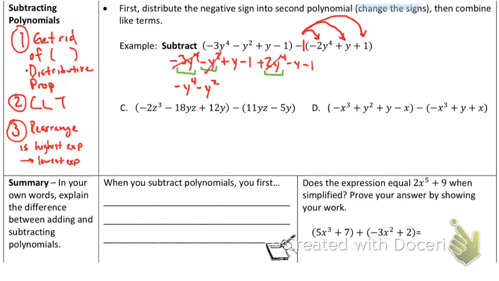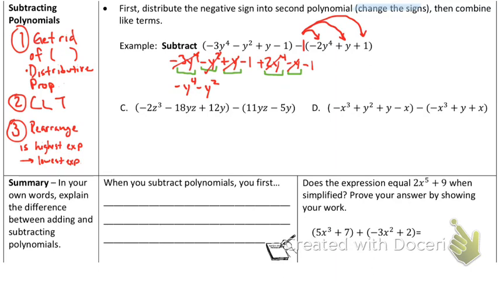And then we move on to the next term, just like we did before, positive 1y, and we have a negative 1y. Positive 1 and negative 1 actually turns into 0y, which means they cross each other out, so we don't write anything for that.